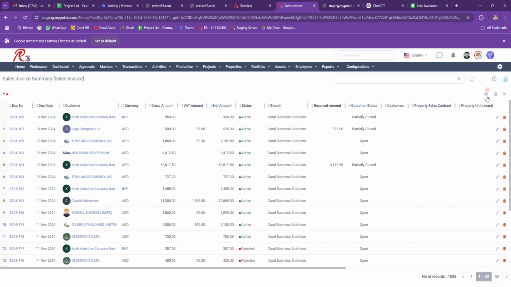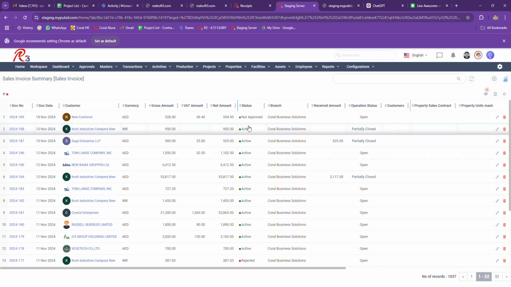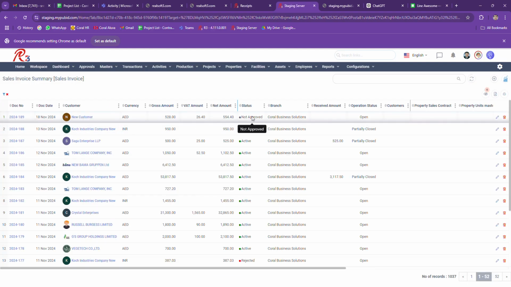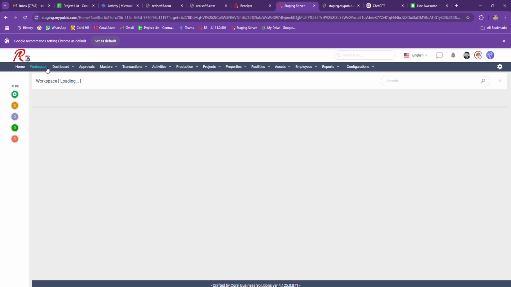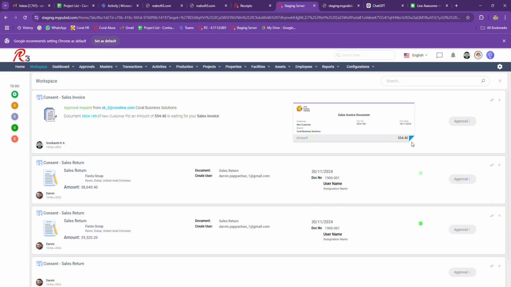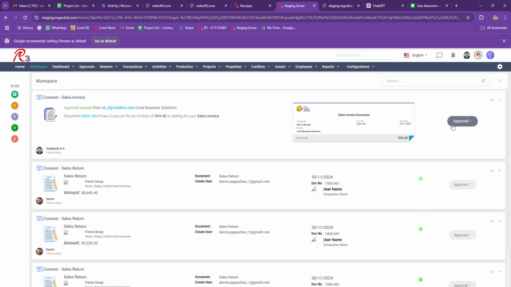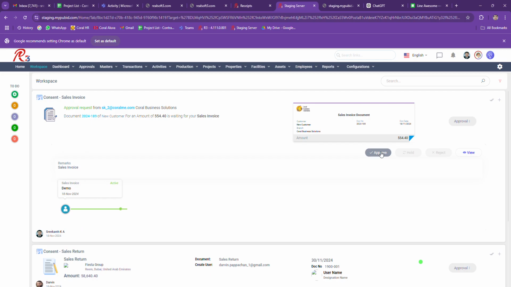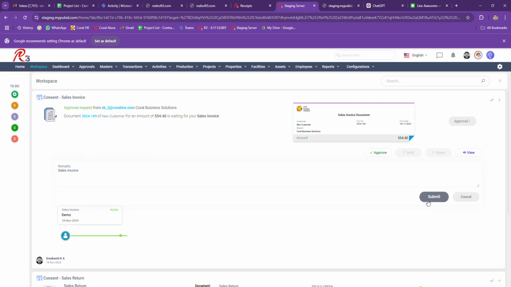Every time you post an entry, go to the list and search whether this is approved or not. See, this is not approved. So go to workspace. Here it will come as an approval. Sales invoice. Okay. Go to approval and approve this and submit this.